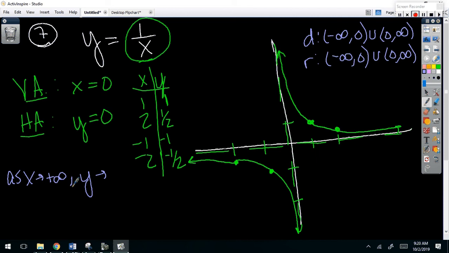It's approaching that asymptote. It's getting closer and closer to that asymptote. Do you see that? Remember we talked about that when there's a horizontal asymptote it's going towards? How about as x approaches -infinity? It's 0 again. It's going to 0 from both sides.